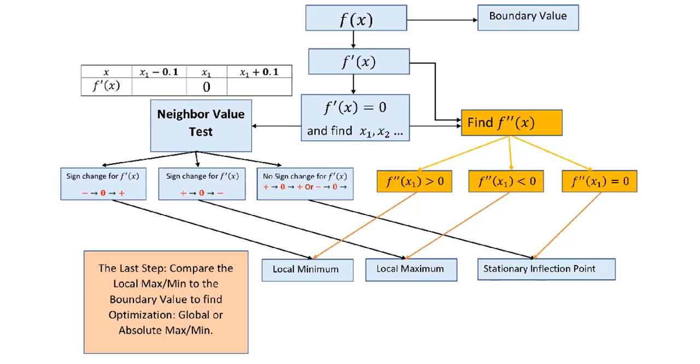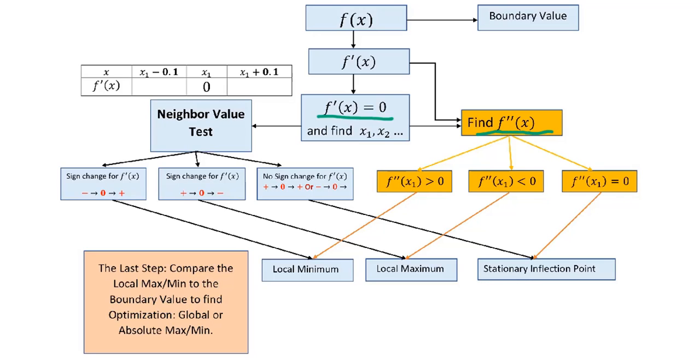This video is about applications of the second derivative. Application 1 is to classify the stationary points. After you get the roots for the first derivative equal to 0, you get the second derivative.